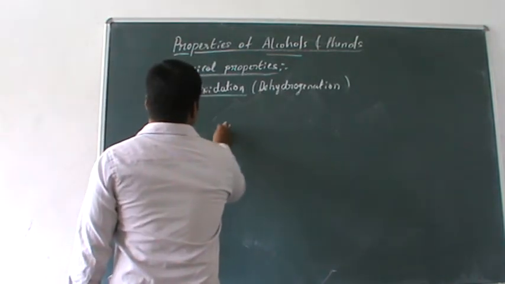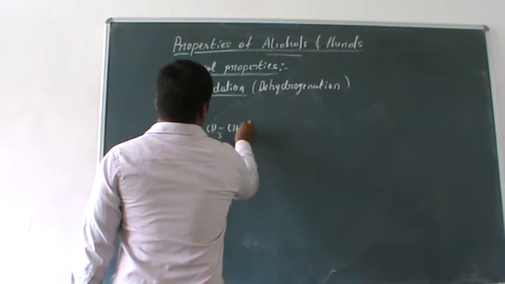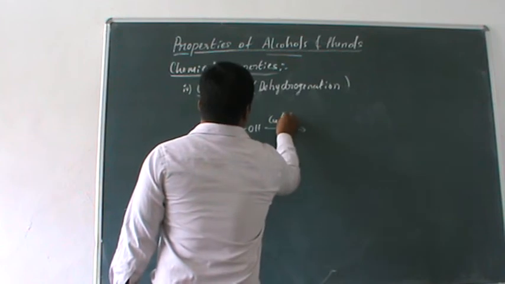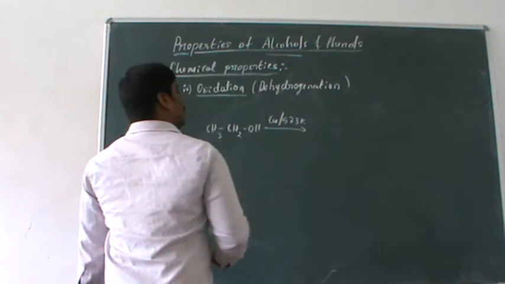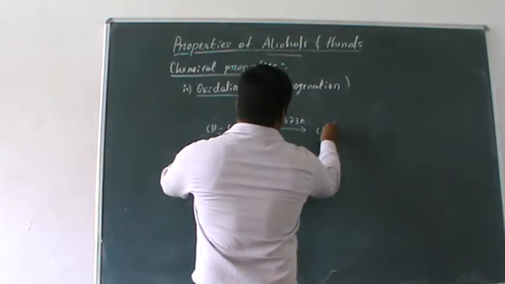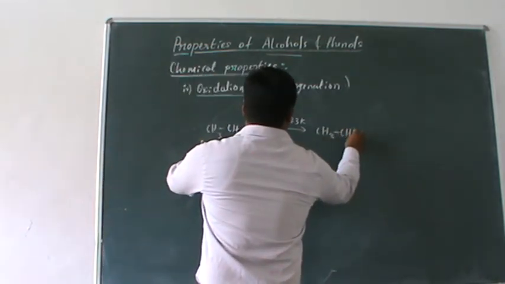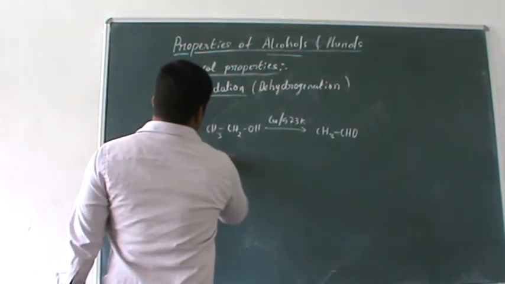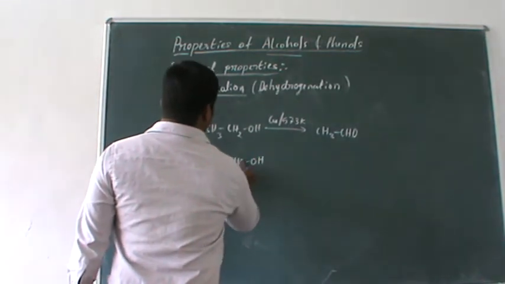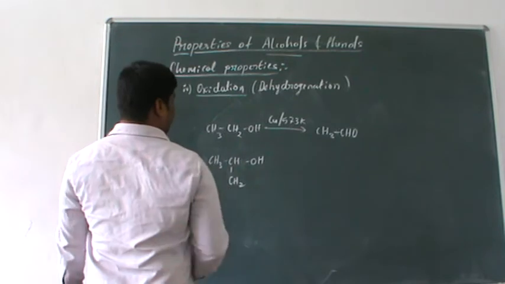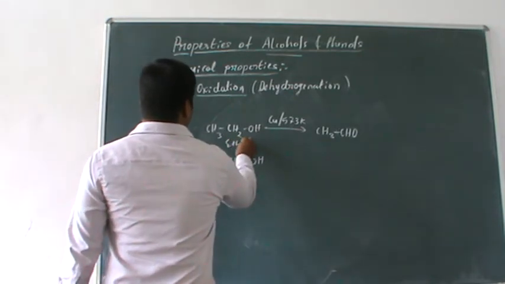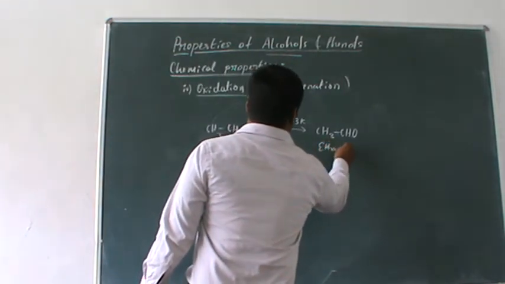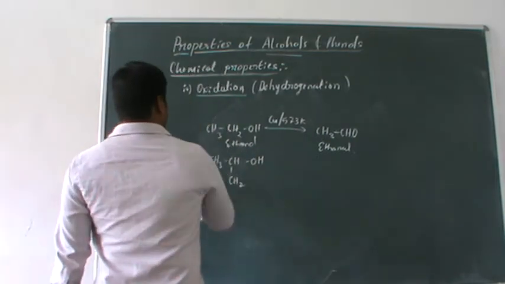When primary alcohol is subjected to oxidation with copper at 573 Kelvin, it produces CH3CHO, alcohol to aldehyde. Take CH3CH2OH, ethanol, which produces ethanal. It's the first case.